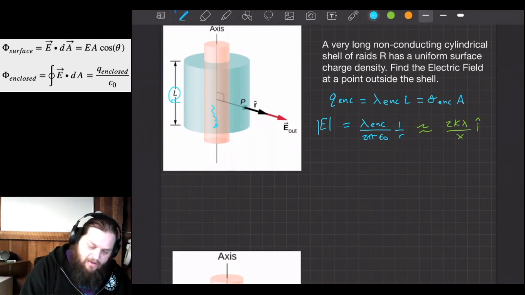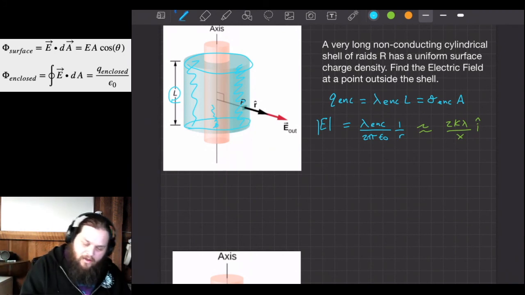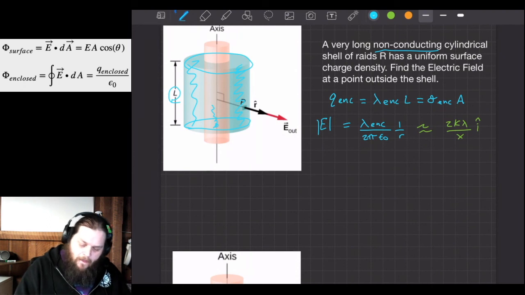And notice our Gaussian surface is this blue colored cylinder here, and it's intersecting our long, uniform conducting wire, or non-conducting wire, or cylinder in this case. Wires are basically just a long cylinder. So these look fairly similar, and our electric field is going to be calculated in a fairly similar way.